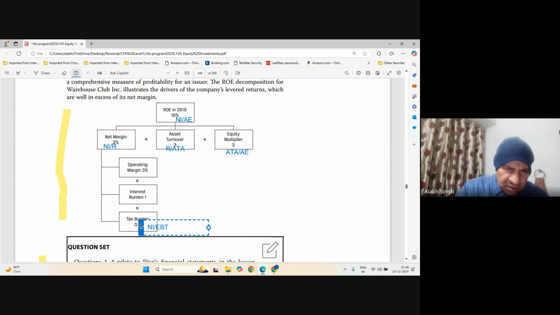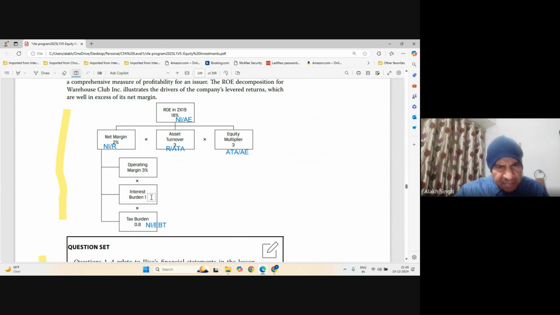And what was our interest burden? So we have before EBT. So EBT will be earnings before taxes divided by EBIT. It should be so that they cancel out. So net income by EBT. In the interest burden, EBT will be there.